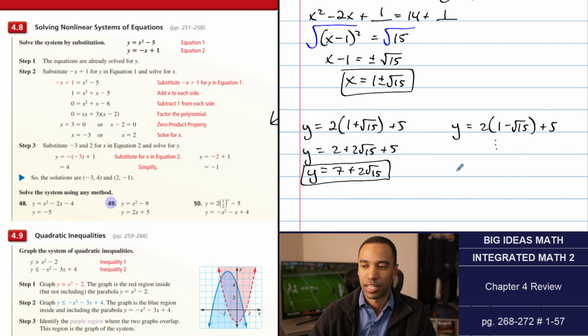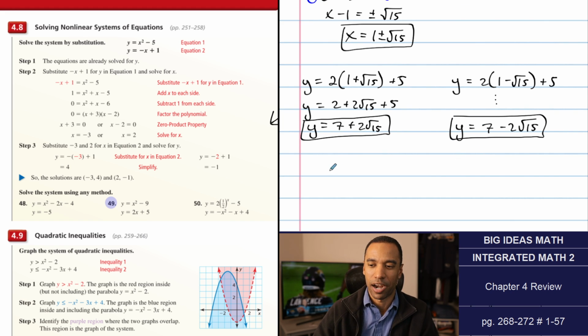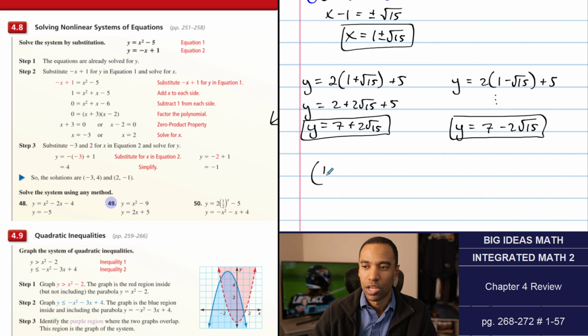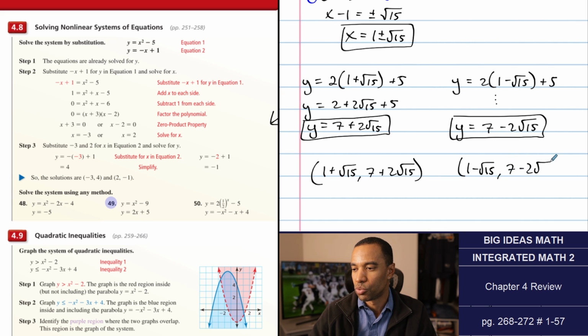Honestly, you're going to get down to the same thing, only now it'll be 7 minus 2 root 15. So your two answers as ordered pairs with exact numbers: an x of 1 plus root 15 comma 7 plus 2 root 15, and for the other one, 1 minus root 15 comma 7 minus 2 root 15.